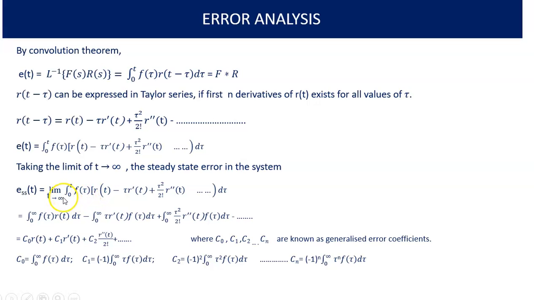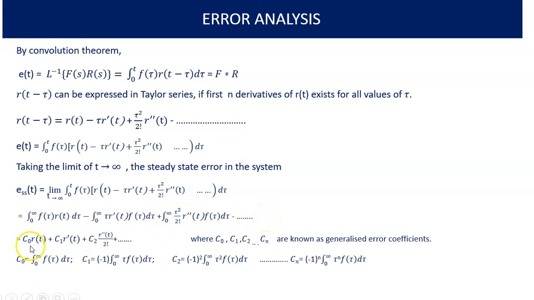Applying the limit as t tends to infinity, the limits change from 0 to t to 0 to infinity. And after removing the bracket, integral 0 to infinity f(tau) r(t) d tau minus integral 0 to infinity f(tau) r dash(t) d tau plus etc.